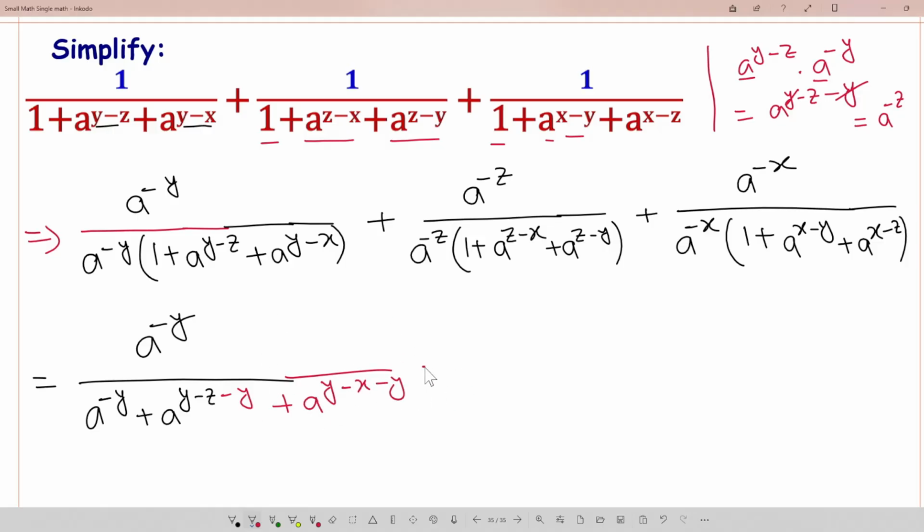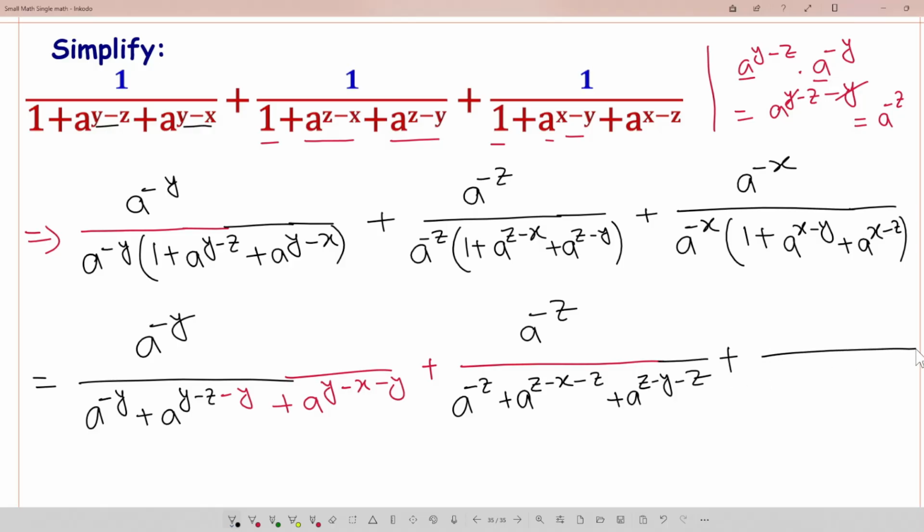So first fraction done. Second fraction: a to the power minus z, so we can write a to the power minus z plus a to the power z minus x minus z plus a to the power z minus y minus z, plus here is a to the power minus x, so a to the power minus x plus a to the power x minus y minus x, and plus a to the power x minus z minus x.